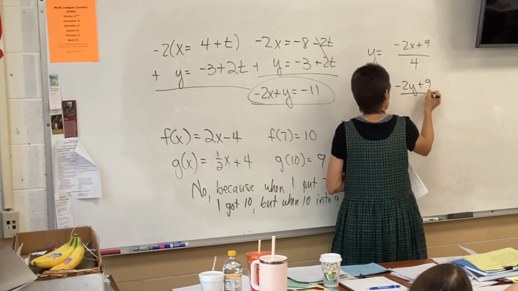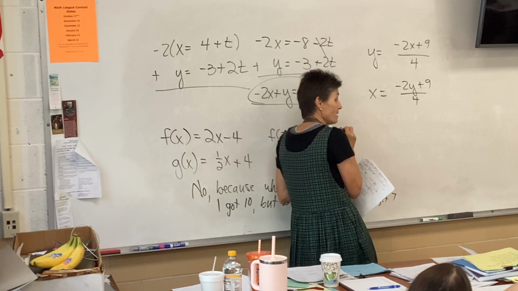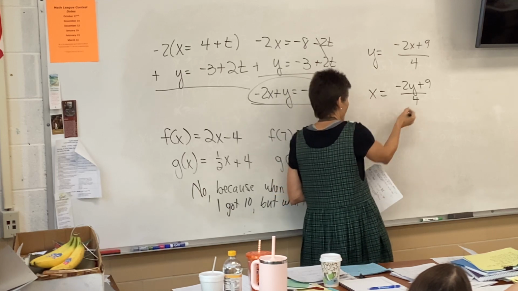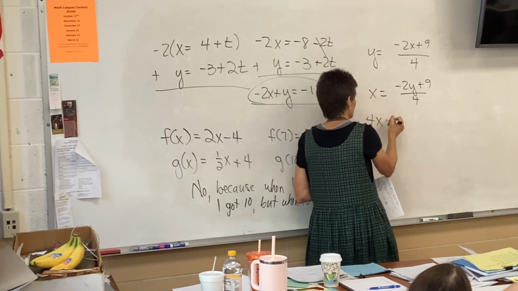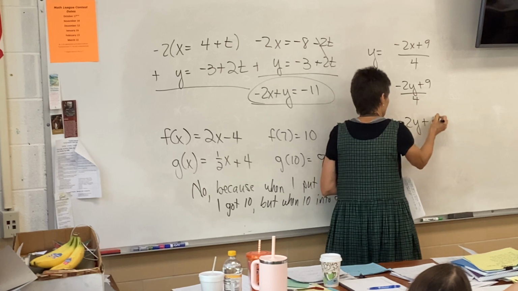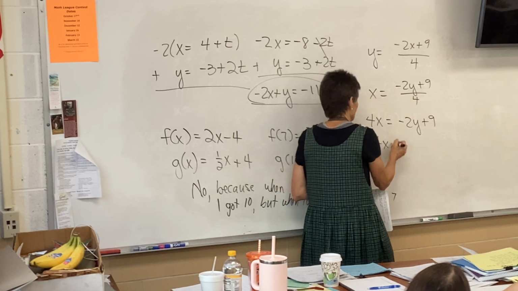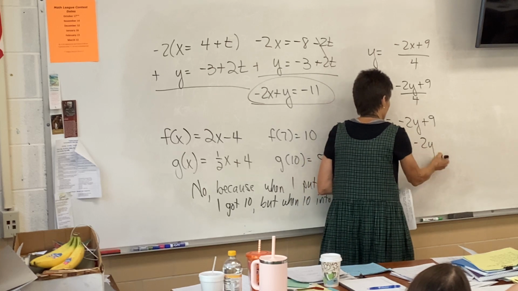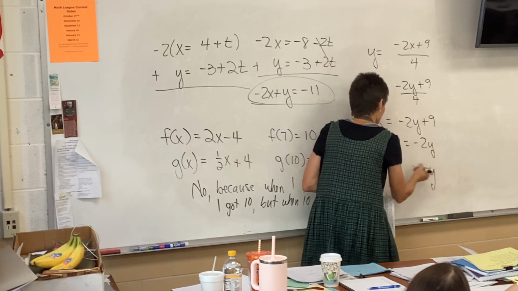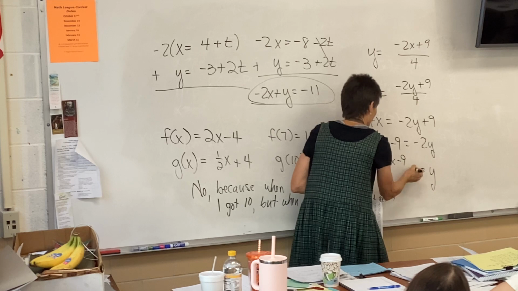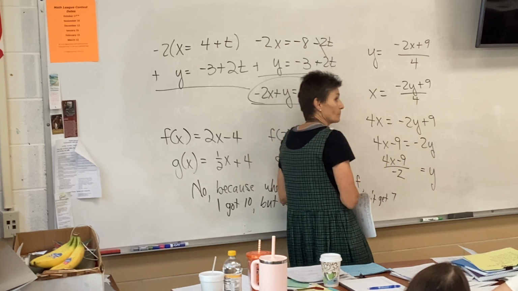And this is an easy one because there's only one y. So I'm going to get it by itself. I'll multiply by 4, subtract 9, and divide by negative 2.